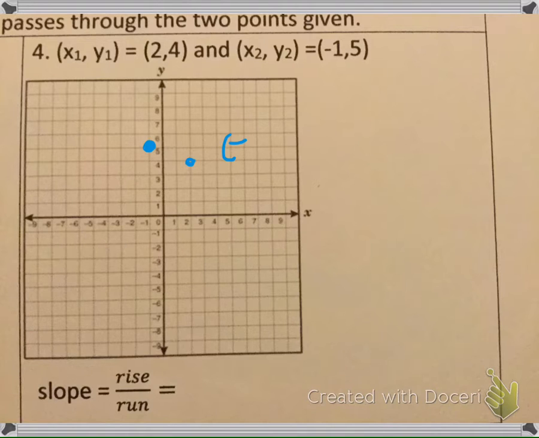That's going to be a negative slope. Okay, when I connect that, this is what it looks like. And when I do my rise over run, that would be a negative 1, and that would be a positive 3. I don't like that green, you can't really see that.